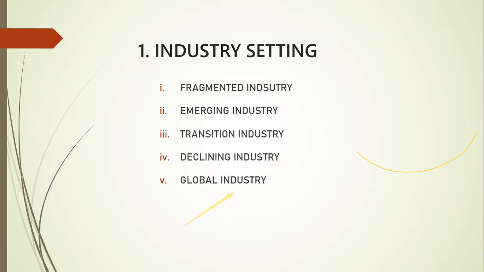So those products which do not have universal appeal, so they are confined to one particular season or they are confined to one particular region, such industries are called fragmented industries. For example, toys industry. Around Andhra Pradesh, we don't sell toys. The best toys are made in Kondapalli. So Kondapalli is known for toys. Kondapalli toys are known all over the world also. That is confined only to one particular place.